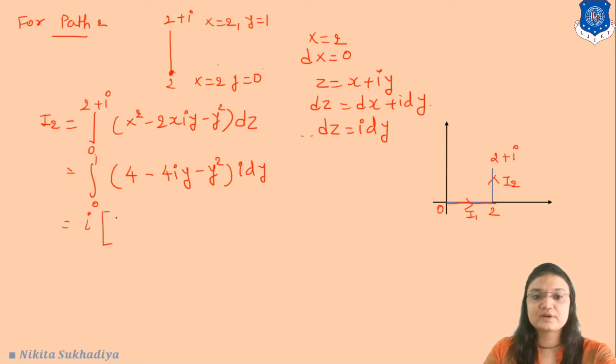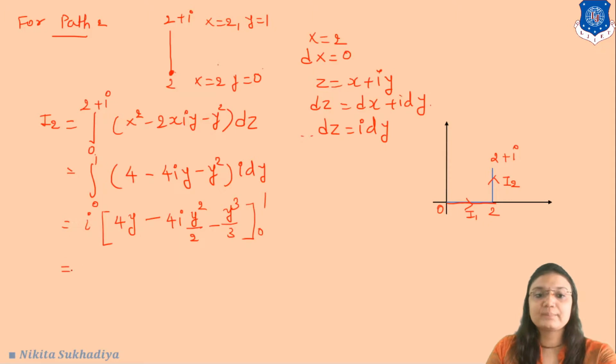This becomes 4 times the integral of 1, which is y, minus 4i times y²/2, minus the integral of y², that is y³/3, with limits from 0 to 1.